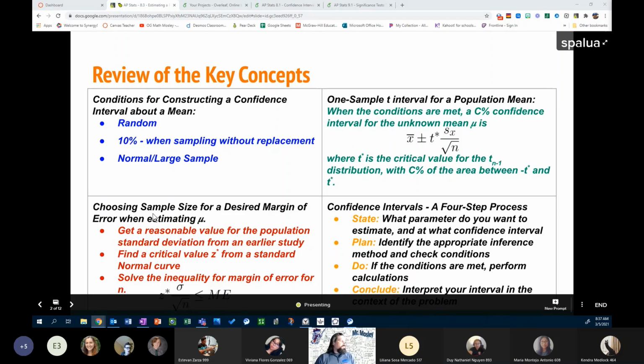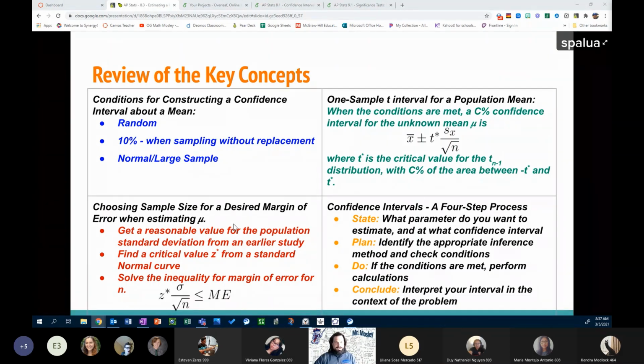right? Choosing a sample size for a desired margin of error when estimating mu. Just like with a proportion, we can estimate a necessary sample size to get a target confidence level and margin of error. When doing this for a mean, we need to have a reasonable value for the population standard deviation from an earlier study or pilot study or something. We need to have some value to use for the standard deviation.